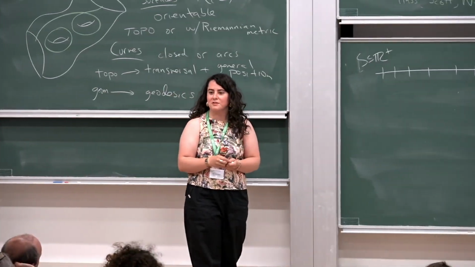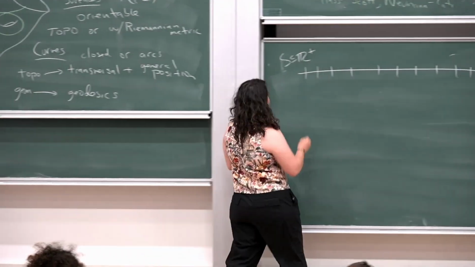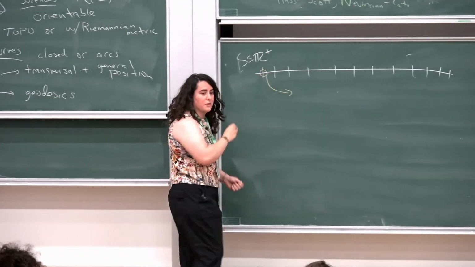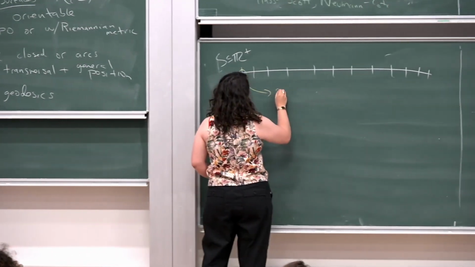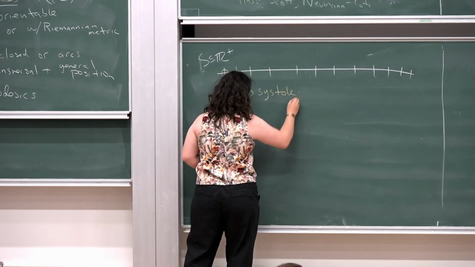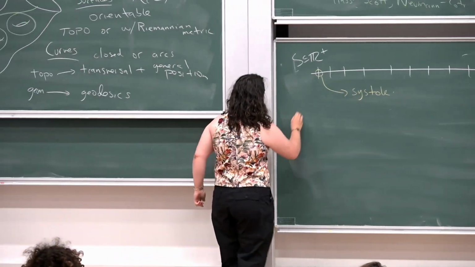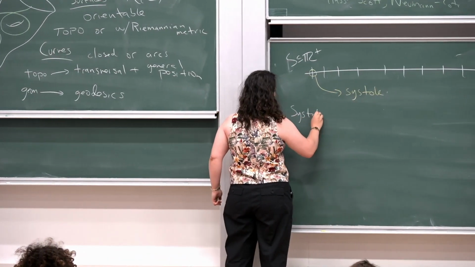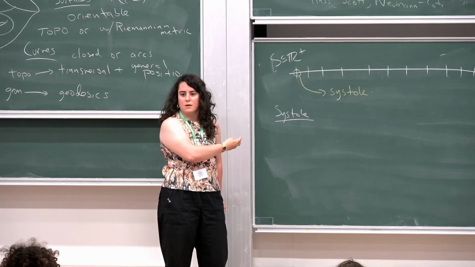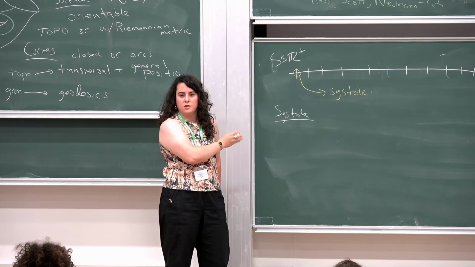Maybe what is the first point? So the first point is called the systole. So the systole is a shortest essential geodesic in the surface.